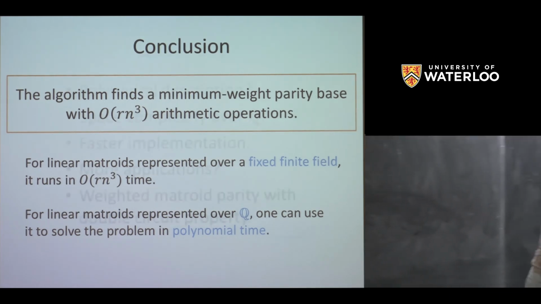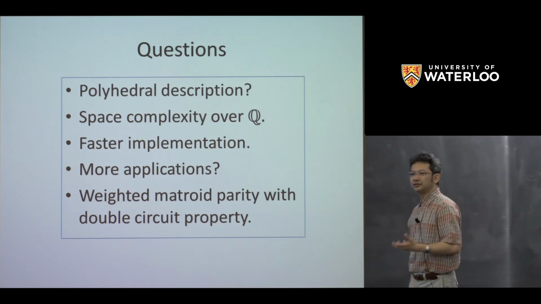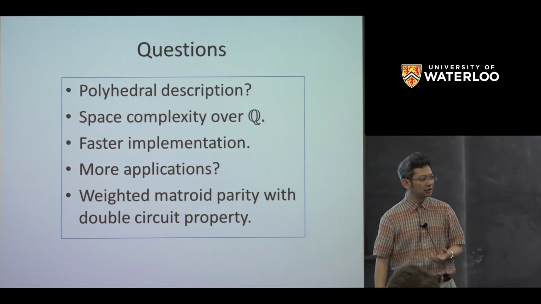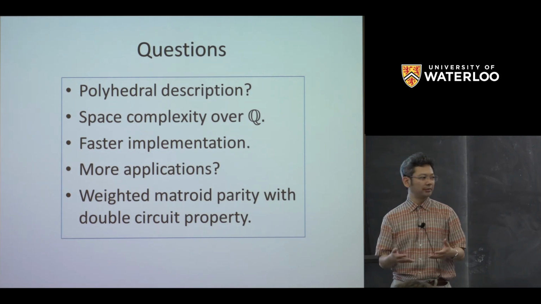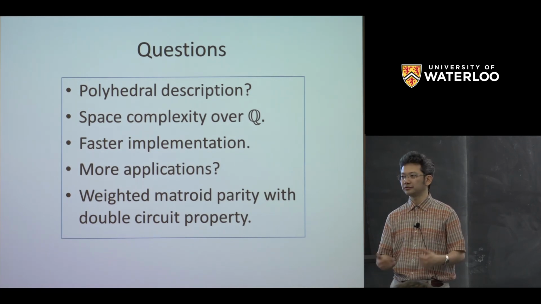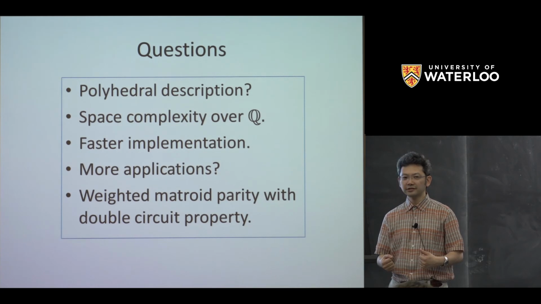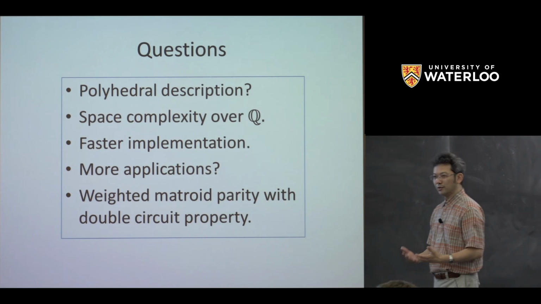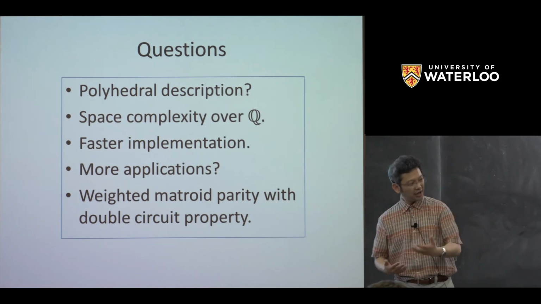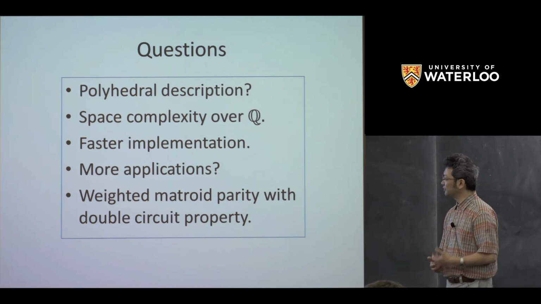So the question remains: what is actually a polyhedral description of that? One good aspect of our approach is that we could solve the problem without knowing the polyhedral description. That's one thing that I'm proud of. But on the other hand, once we have an algorithm, we should be able to find this polyhedral description.